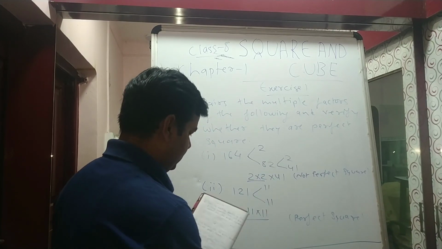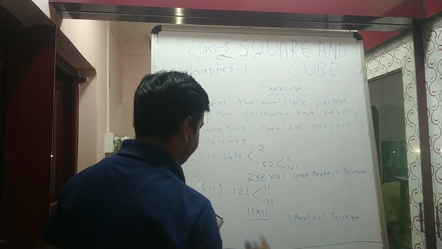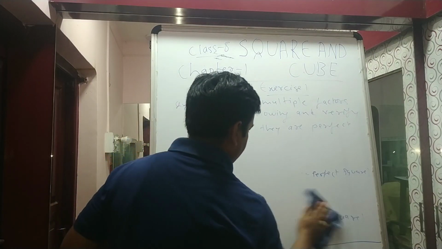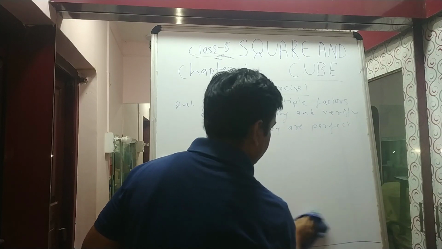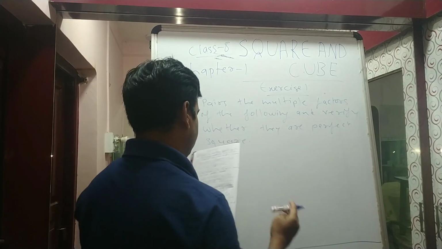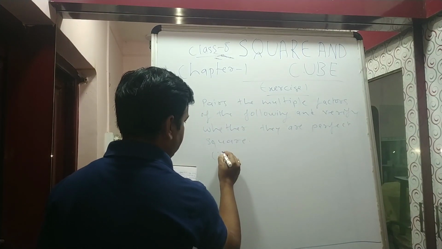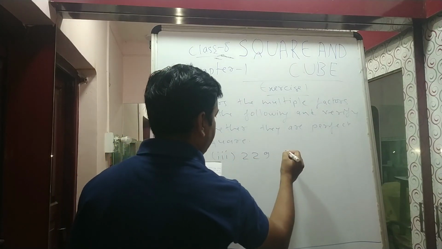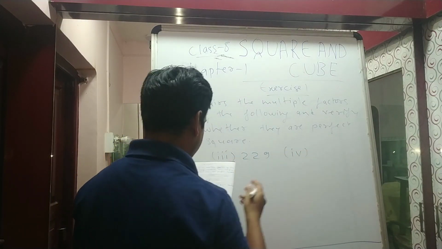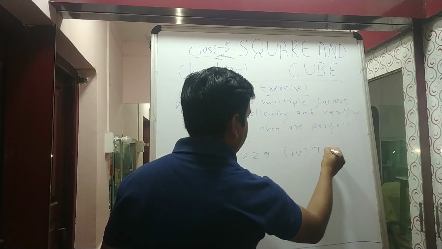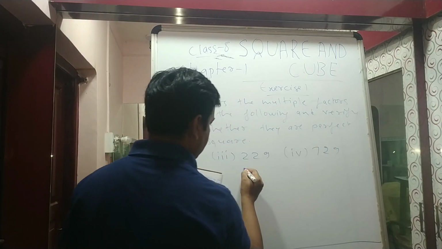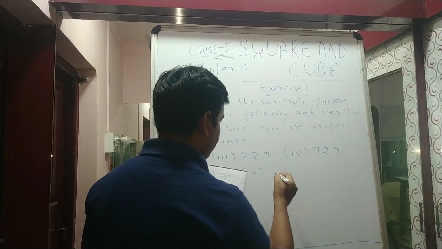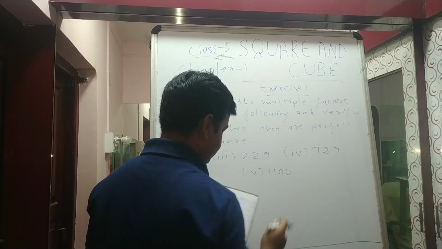You need to solve this. This will be homework for you. Third 229, fourth 729, fifth 1100.